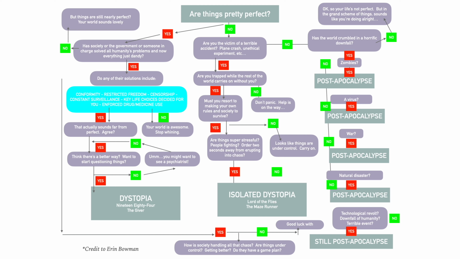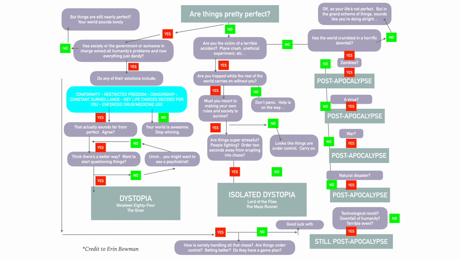If yes, do any of their controlling solutions include conformity, restricted freedom, censorship, constant surveillance, key life choices being decided for you, enforced drug or medicine use? If the answer's no, then stop whining, your world's awesome. If the answer's yes, then actually it's pretty far from perfect. It might have set out as a utopia, but its level of control has become dystopian.